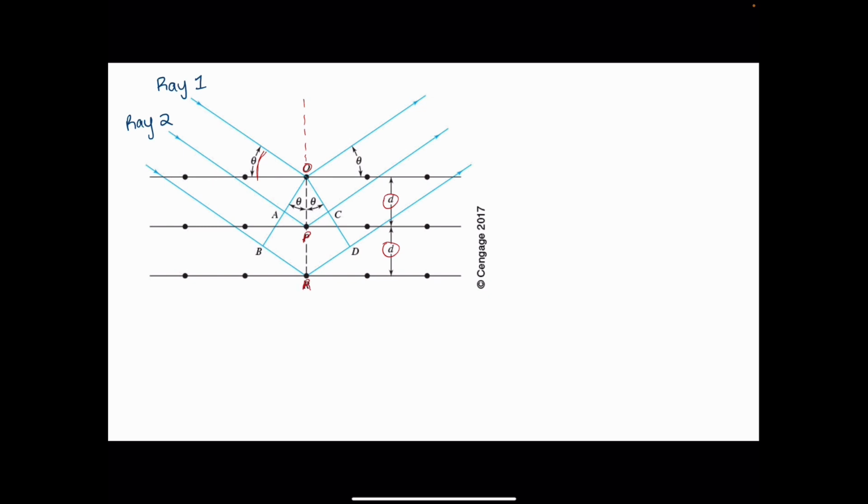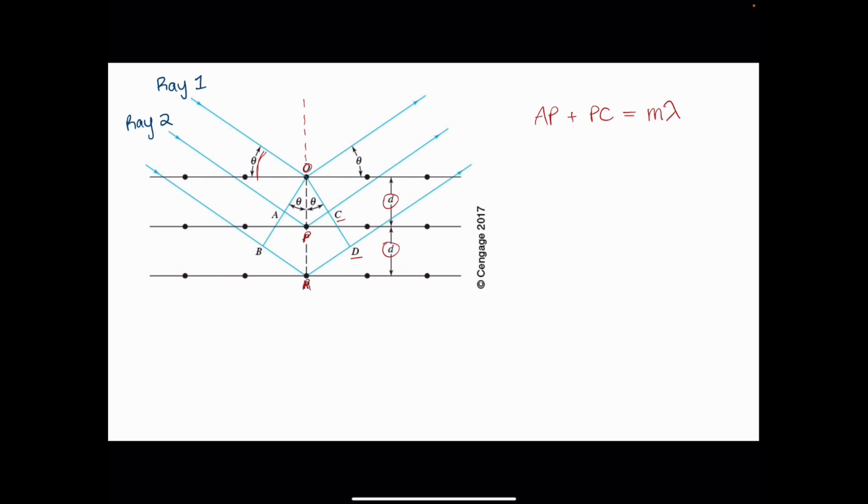So if the distance AP and PC equal m lambda, and again I'm using m here instead of n as in the textbook, where m is just an integer, the scattered radiation will be in phase at O, C, and D. And the crystal will then reflect X radiation.